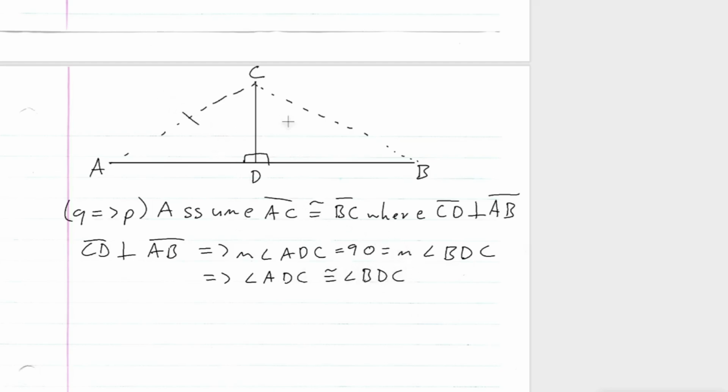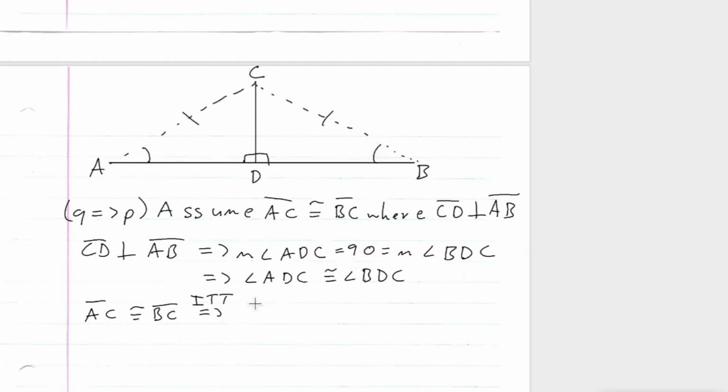And of course, we have this is congruent to this. We have AC is congruent to BC. And if you were to think about this triangle ACB, we know this is an isosceles triangle because at least two sides are congruent, right? And remember, by the isosceles triangle theorem, we know that if these two sides are congruent, the angles opposite those sides are also congruent.